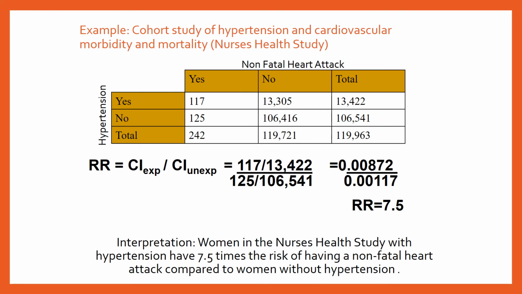What that means is that women in the Nurses' Health Study who had hypertension were 7.5 times more likely to have a non-fatal heart attack than those who didn't have hypertension. Or another way to say it is hypertension appears to be a risk factor for a non-fatal heart attack.